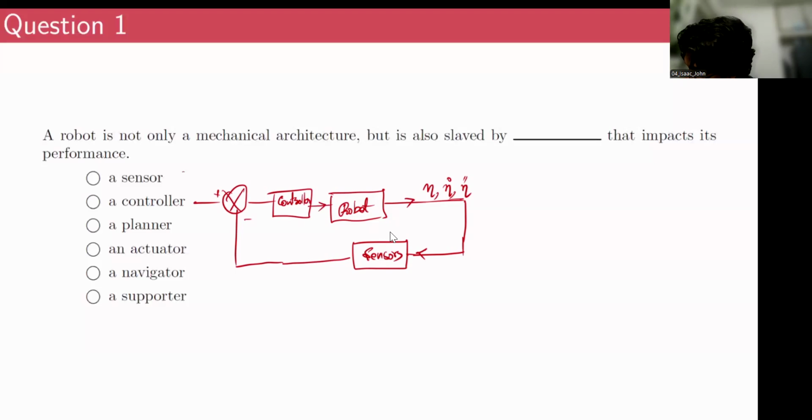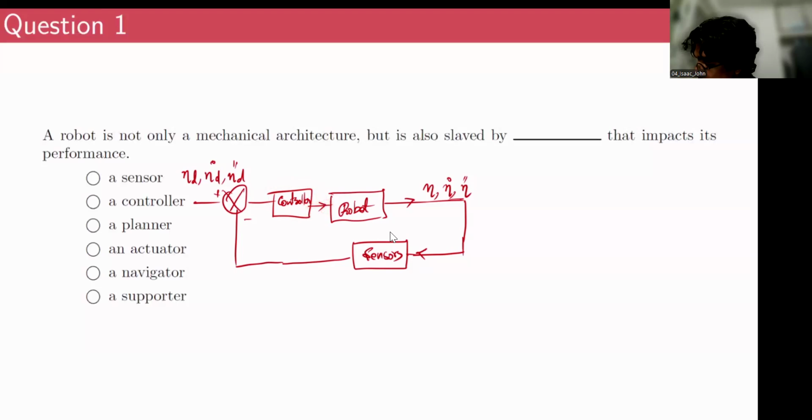So the actual coordinates can be compared with the desired trajectory coordinates. And whatever error we have between the desired and the actual coordinates, the controller will give an appropriate input to the robot.